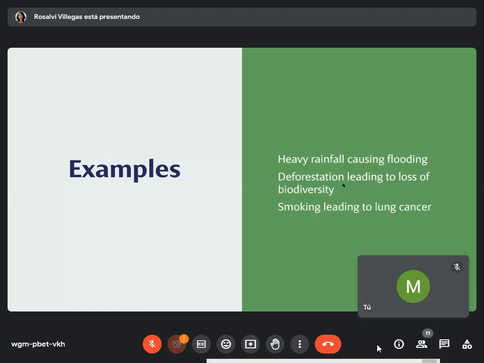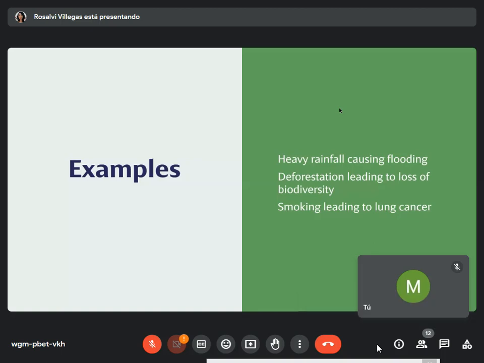If we just start cutting trees, we will make it harder for animals to live because they are not going to have all they need to survive, and that will lead to loss of biodiversity, which means fewer animals and fewer plants.